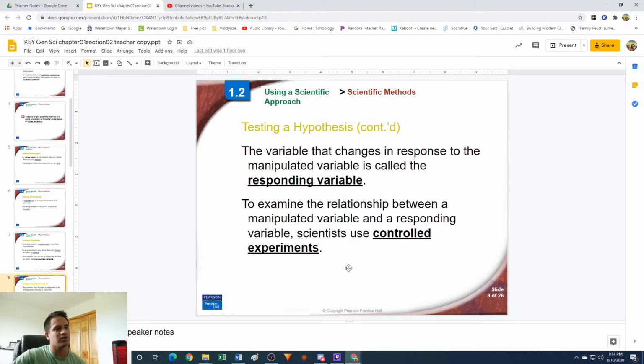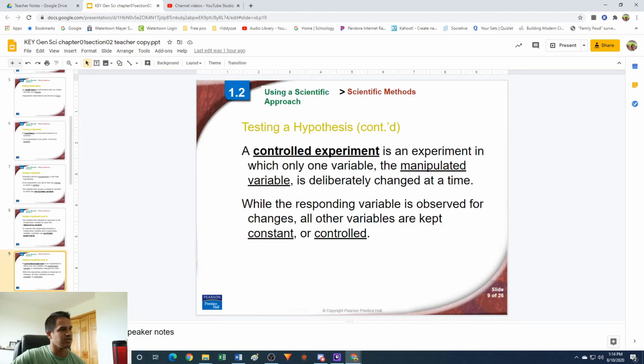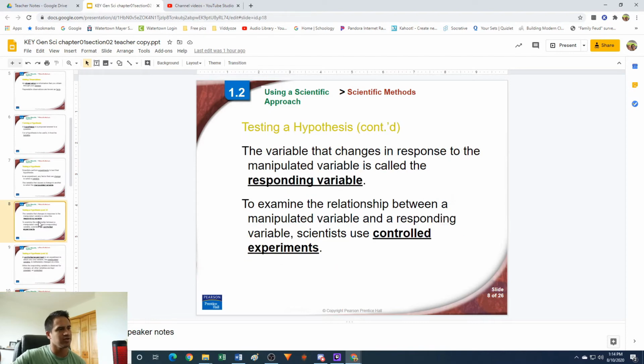And then, of course, the last thing we have are controlled variables, which are actually on the next slide, or the next two slides, somewhere in here. But controlled variables are variables that we don't change, that stay the same throughout the whole experiment. Because then we know that when we're doing our experiment, the results we're seeing are only from the things we're changing and not these other things, okay?